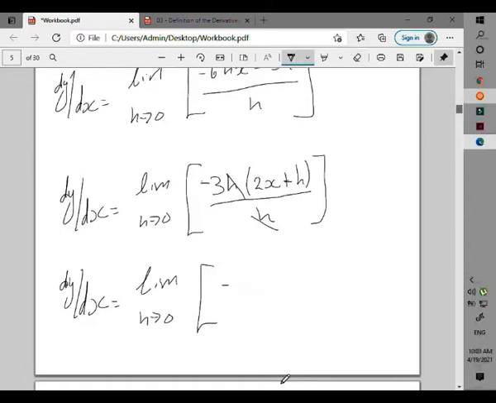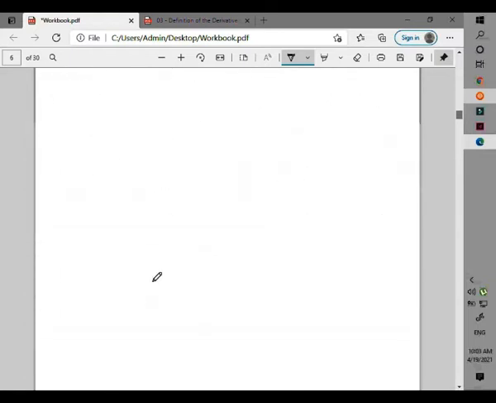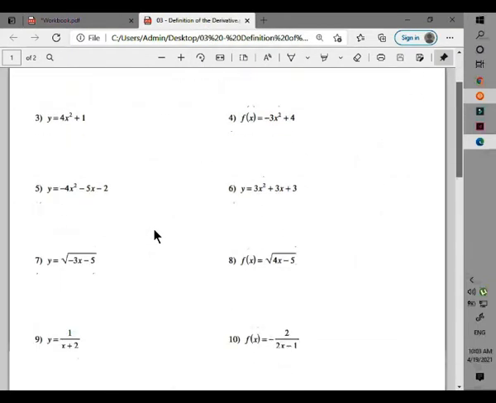So this is going to be minus 6x minus 3h, which is going to be equal to minus 6x minus 3 times 0 gives me minus 6x. So this tells me dy upon dx is equal to minus 6x.